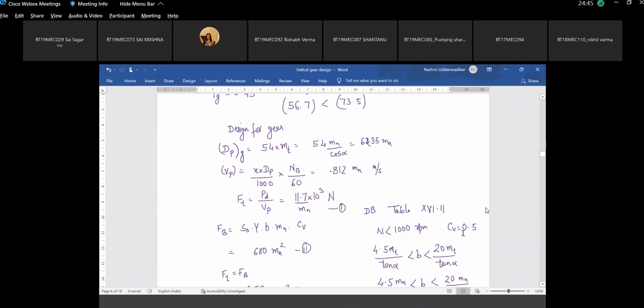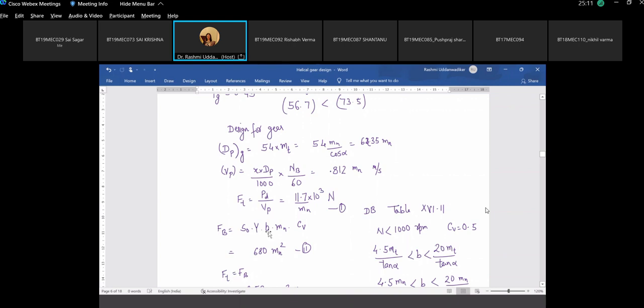So we have assumed Cv value as 0.5, which means for a helical gear mounted on a shaft rotating at an RPM less than 1000, the beam strength is taken half of the original, and this is to compensate for the dynamic load or for the incremental load, which is not known. And we get the value of FB as 680 Mn square, which we equate with Ft.